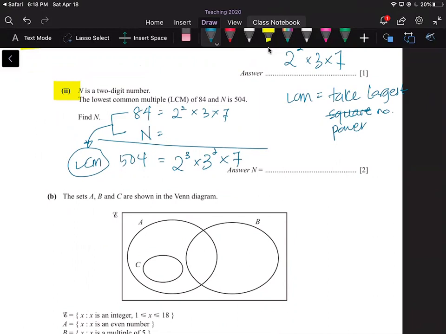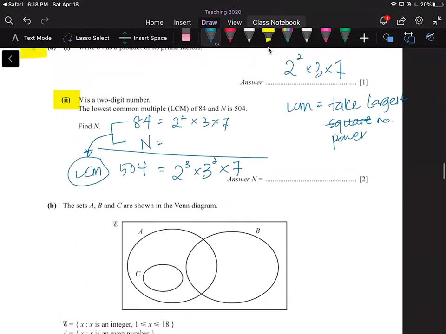So here, we see 2 squared, and here it gives us 2 cubed. Then 3, and here it gives us 3 squared. And 7, which gives us 7.